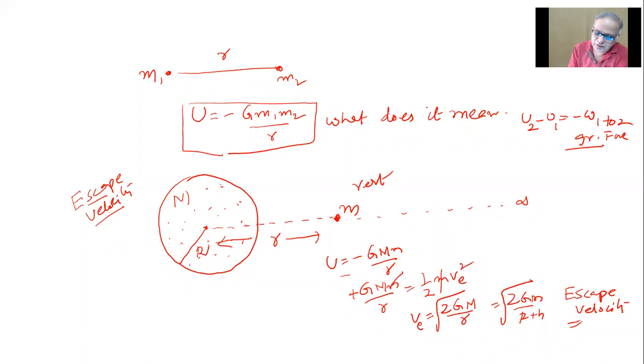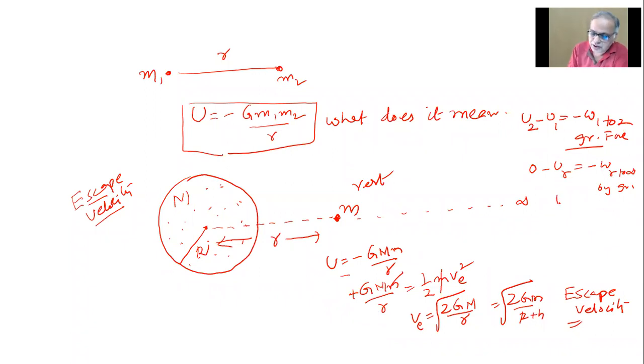So as the body is moving, U2 minus U1, this is 0 minus U(r), is equal to minus the work from r to infinity by gravitational force. Isn't it? The way you wrote U2 minus U1 equals minus W from 1 to 2, 1 is r at distance.